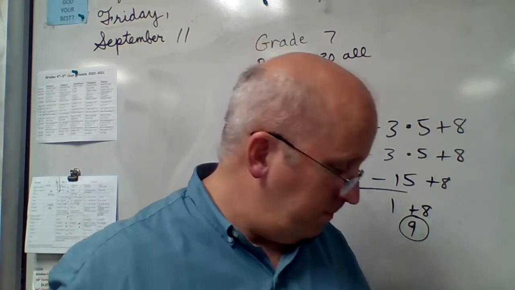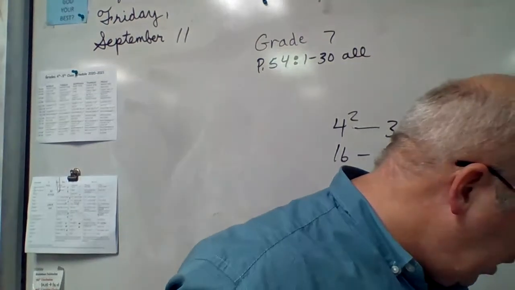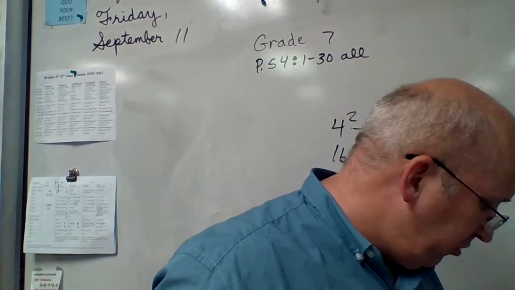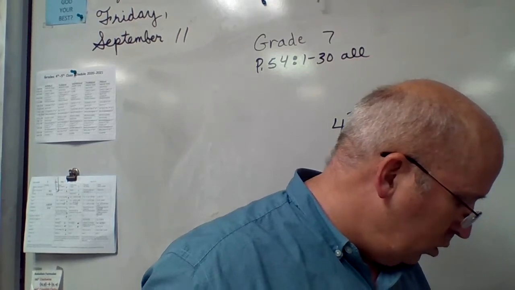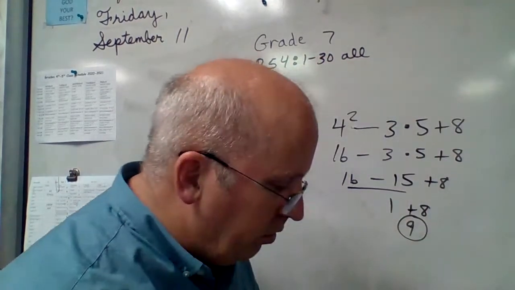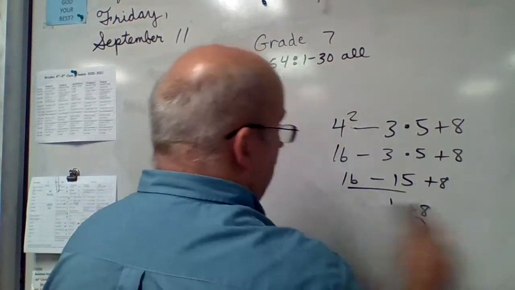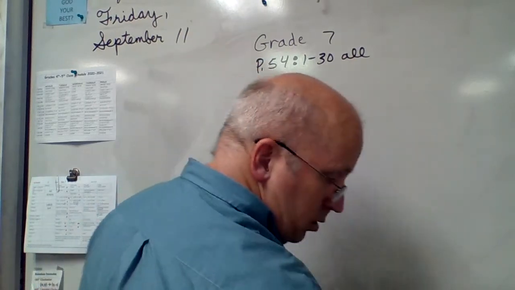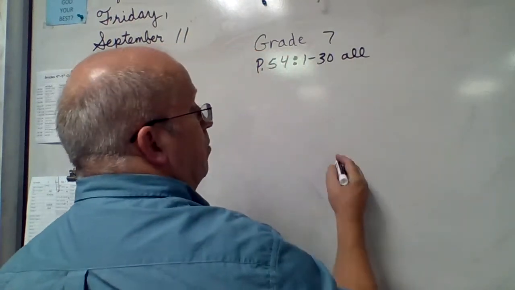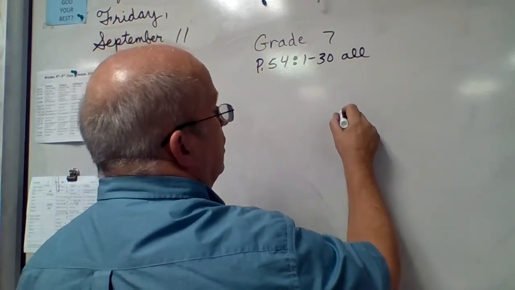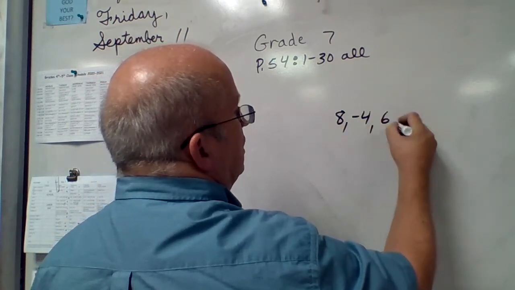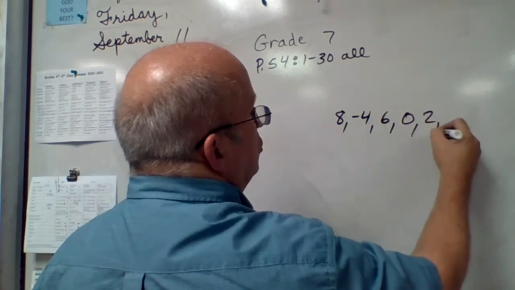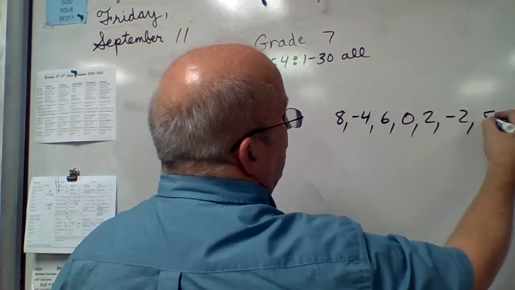Any questions? Okay. Well, let's look at section 1-3, 19 through 24. Just a reminder of something that hopefully you haven't forgotten. If I put the following numbers on the board, how about 8, -4, 6, 0, 2, -2, and 5.